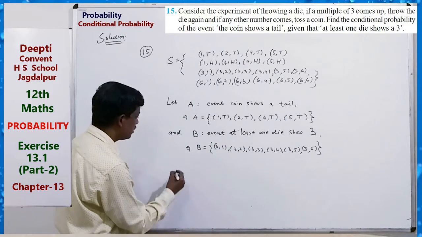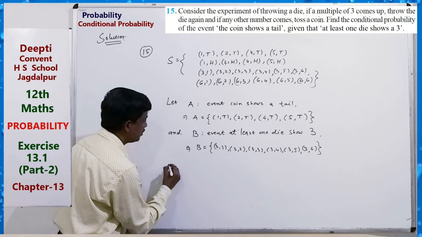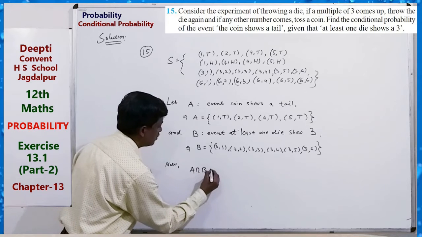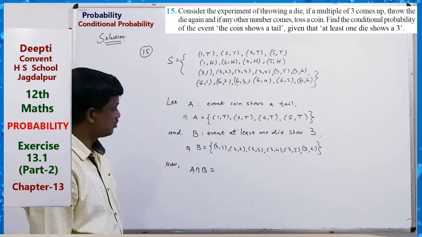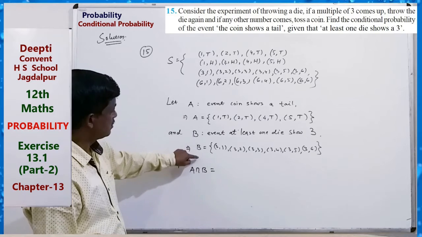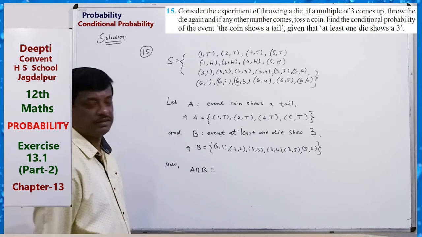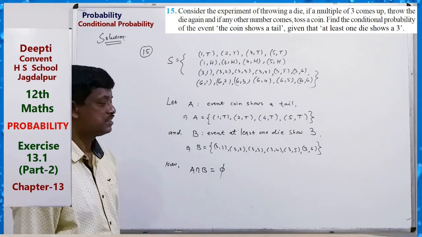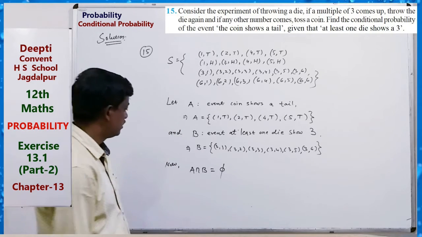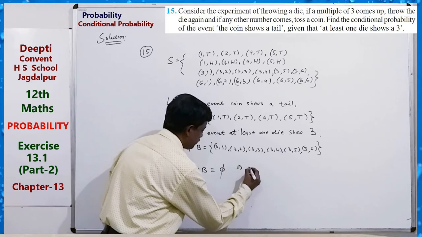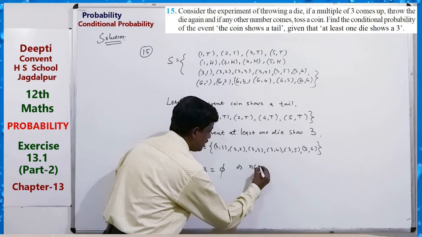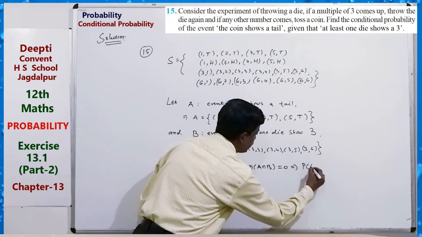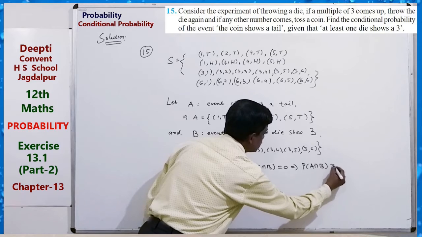So now we require A intersection B. A intersection B is equal to 5, implies n(A intersection B) equals 0, implies probability of A intersection B equals 0.